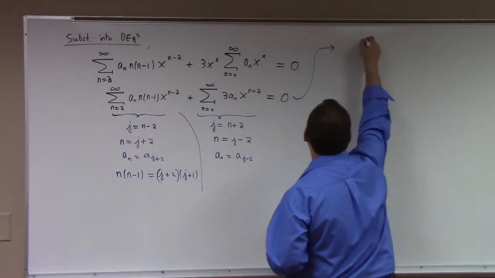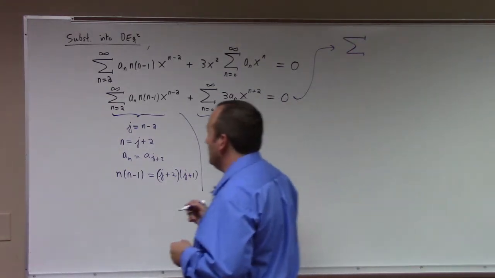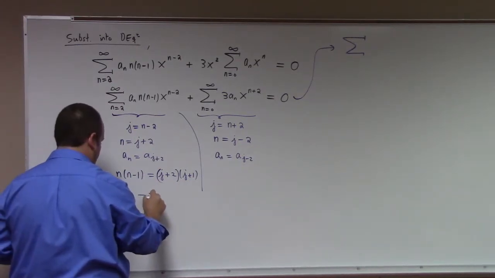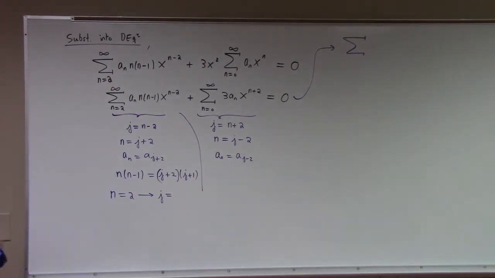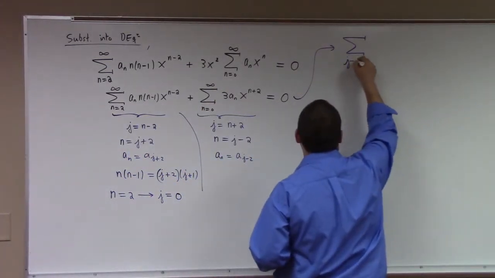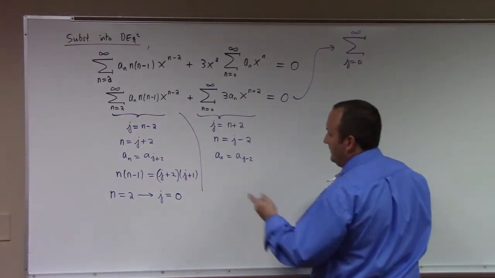We get the sum. Oh, I forgot the most important part. Now n equals 2, what does that say? j equals what? Zero. Very good. So this one starts from 0. How about the other one? Let me finish writing this one, though.